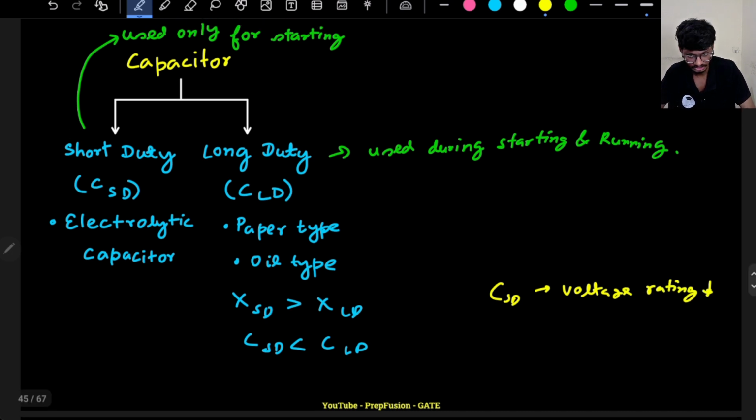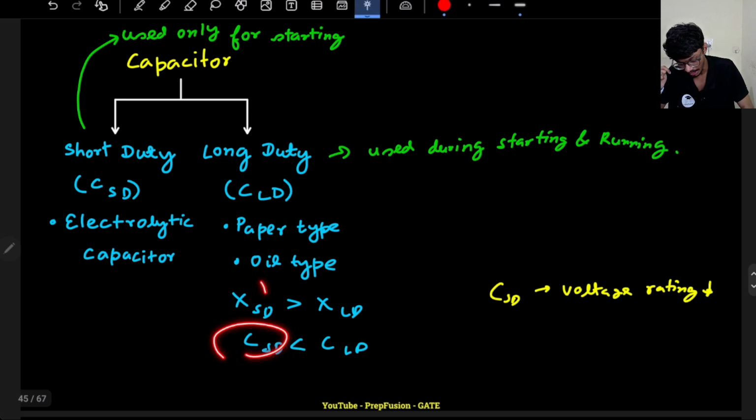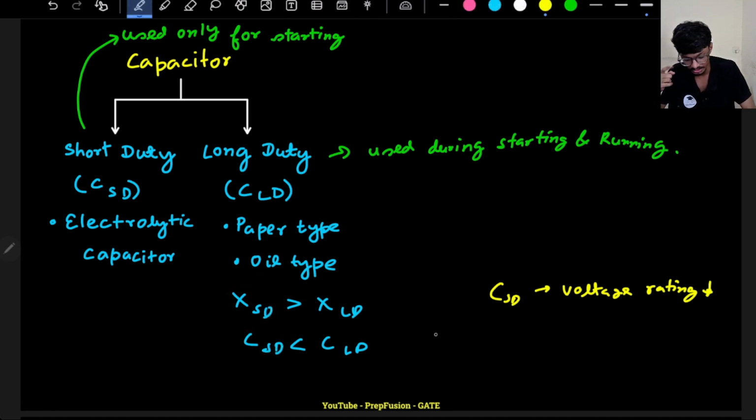Why are short duty capacitors used? Because the reactance is higher in short duty capacitors. That means, what is the auxiliary winding angle, theta A?